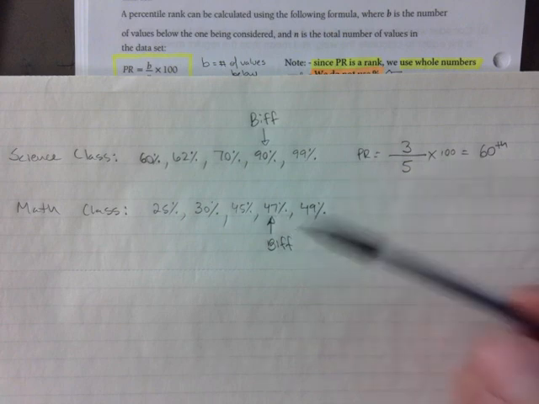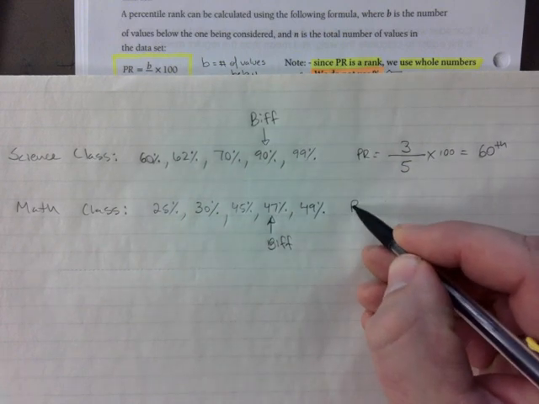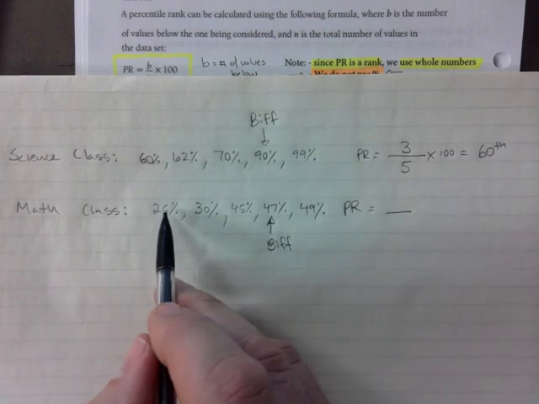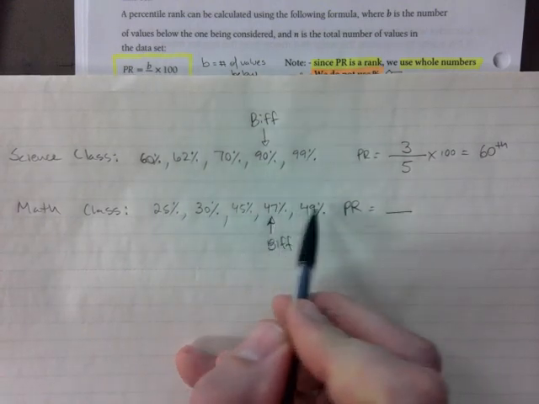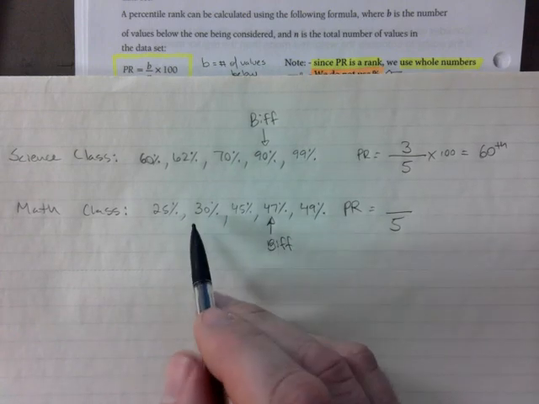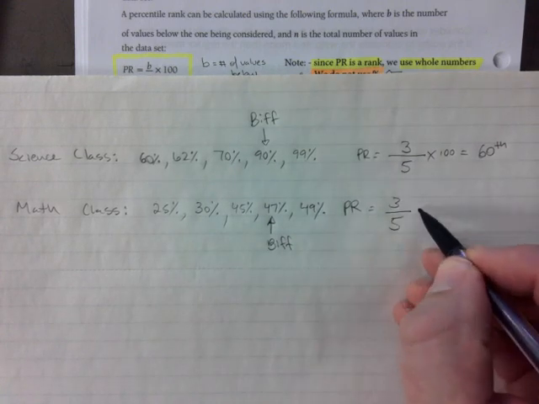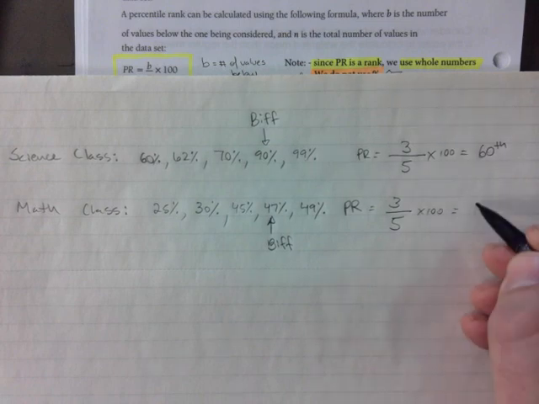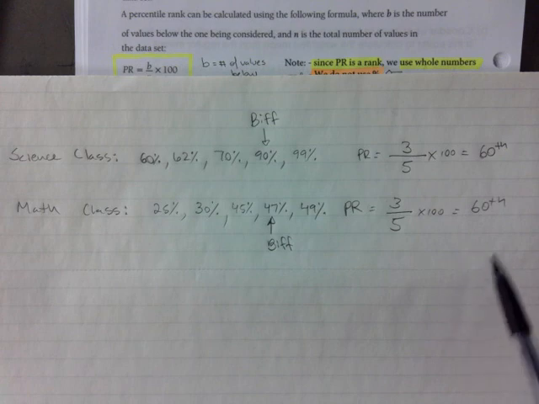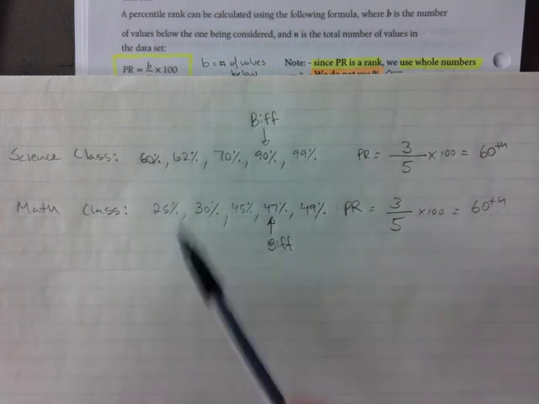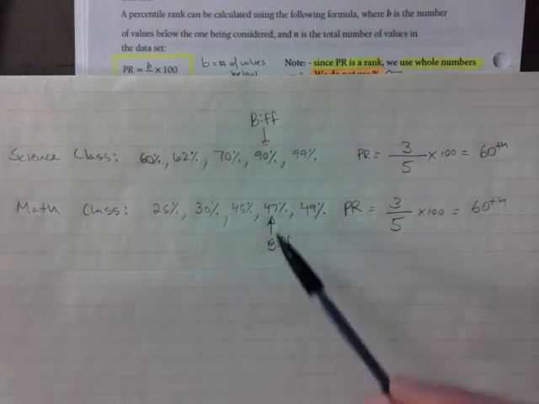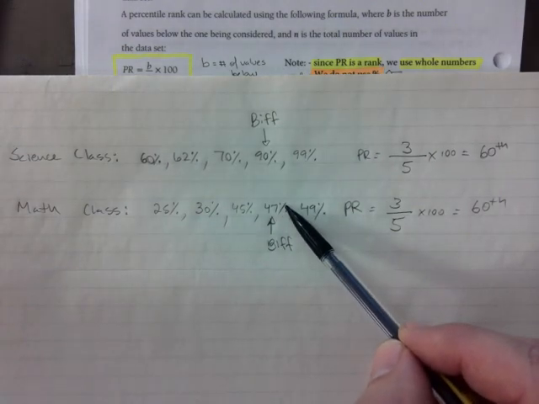But let's calculate the percentile, PR. And remember, I did this for a reason, right? How many scores? 1, 2, 3, 4, 5. How many students scored less than Biff? 3. What do you think the percentile is going to be? Same. Wait a minute, right? So still, compared to the rest of the class, Biff did pretty good, comparatively, but his actual score wasn't that good.